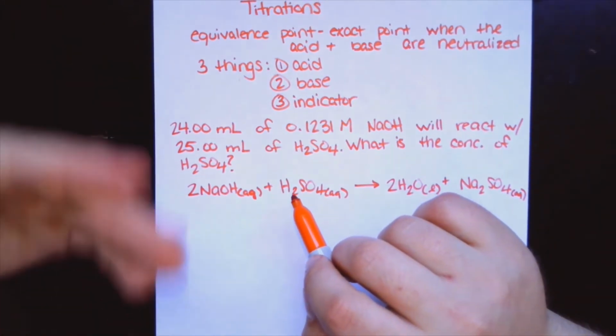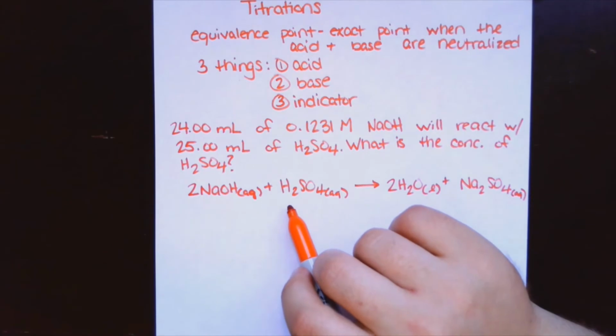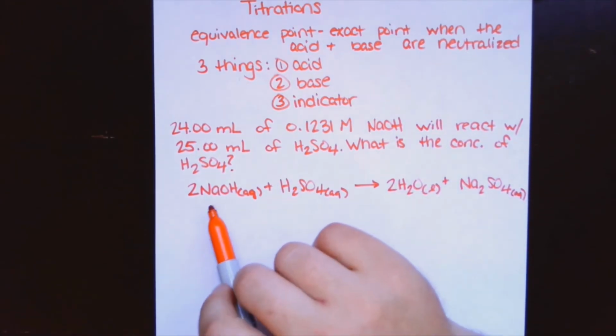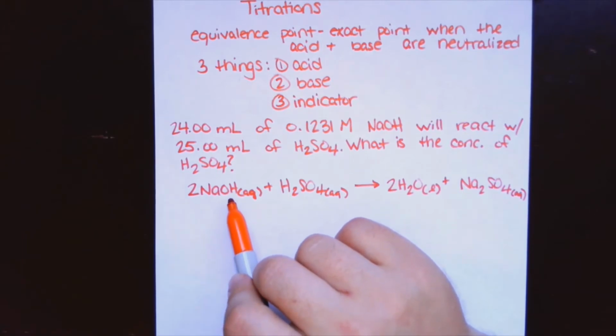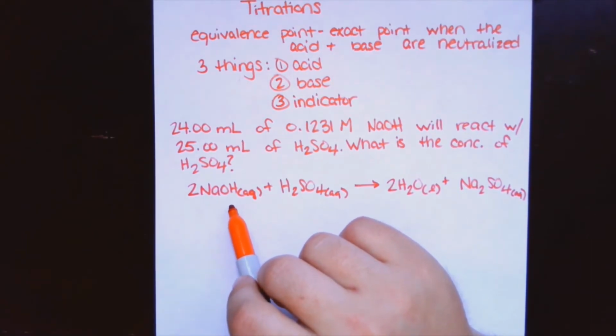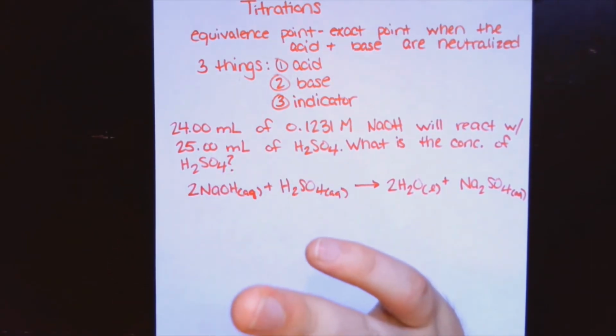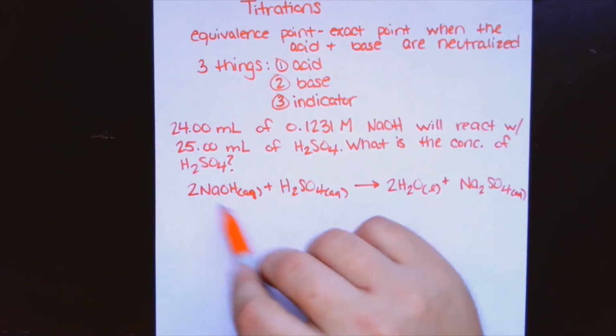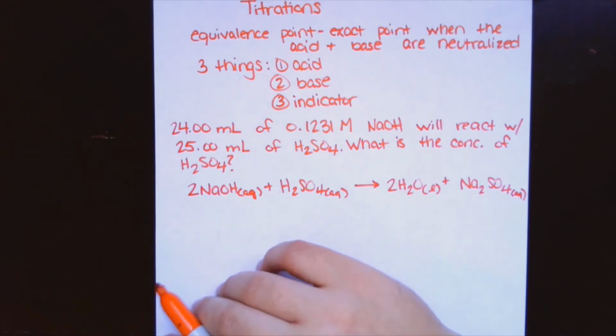So each molecule of H2SO4 gives off 2 H plus ions, but each molecule of NaOH only gives off 1 OH minus ion. So that means that we need twice as many molecules of NaOH so that H plus and OH minus amounts will be equivalent.